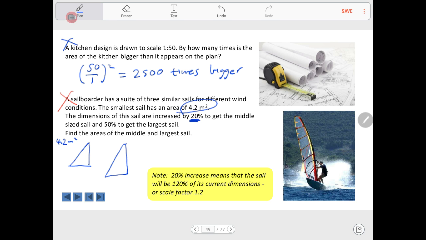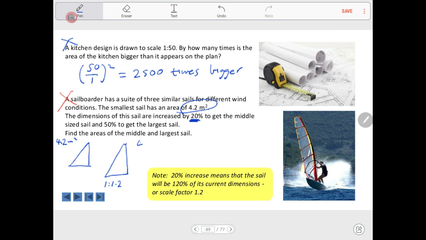Now, in fact, this we could represent with this scale ratio of 1 to 1.2. So if we want to increase something by 20%, we multiply it by 1.2. So that's where we get that scale from, 1 to 1.2. So that means we're scaling up by 1.2.